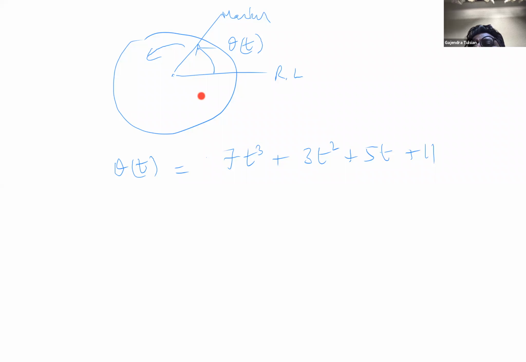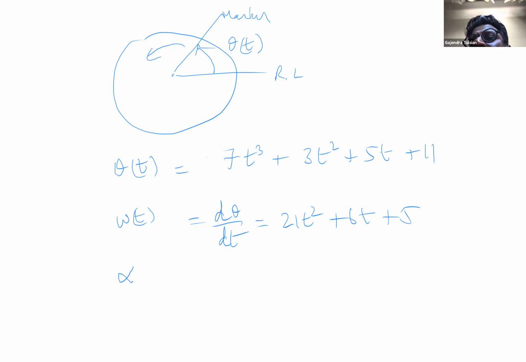Just like before, you can calculate the angular velocity. The angular velocity, denoted by omega as a function of time, is d theta by dt, which is 21t squared plus 6t plus 5. And angular acceleration, denoted by alpha, is d omega by dt, which in this case is 42t plus 6.